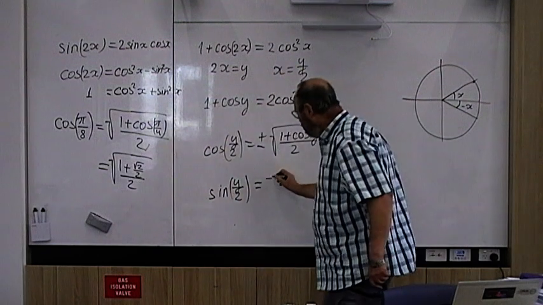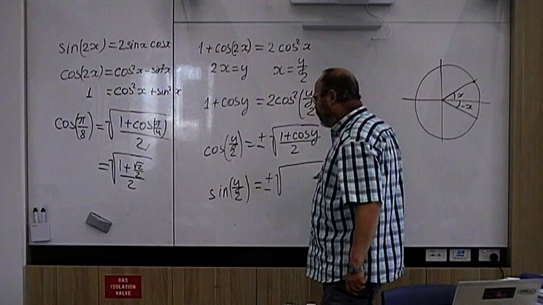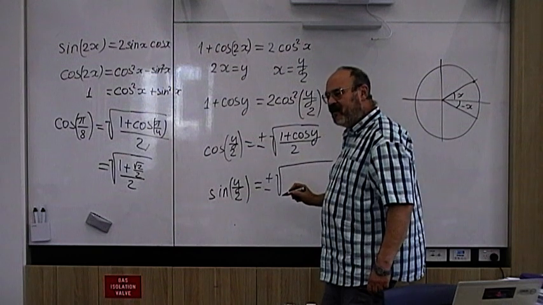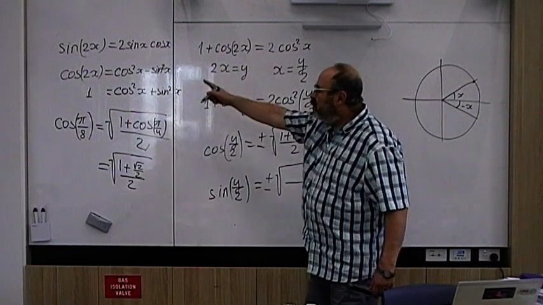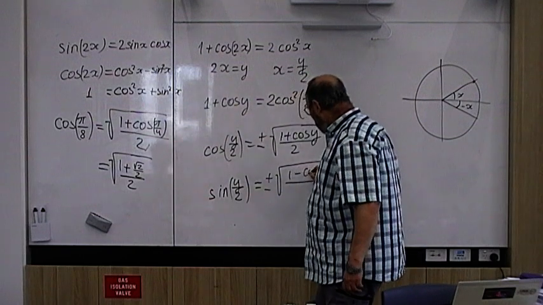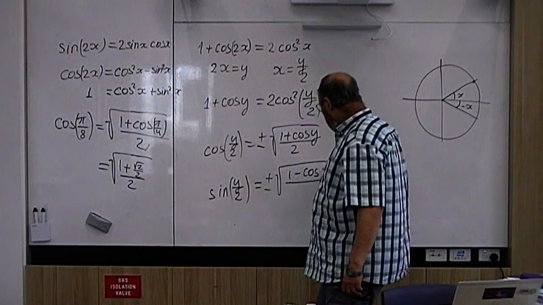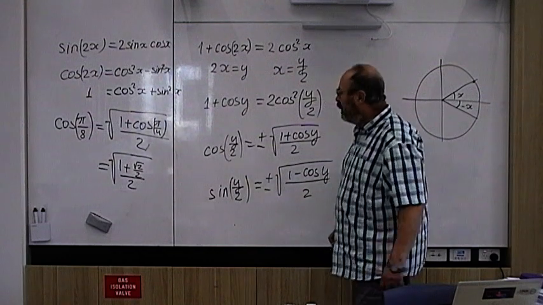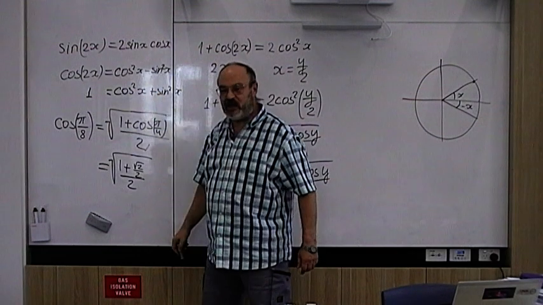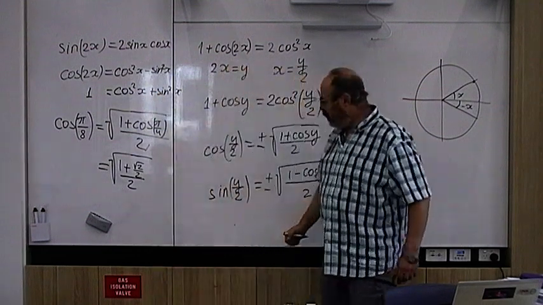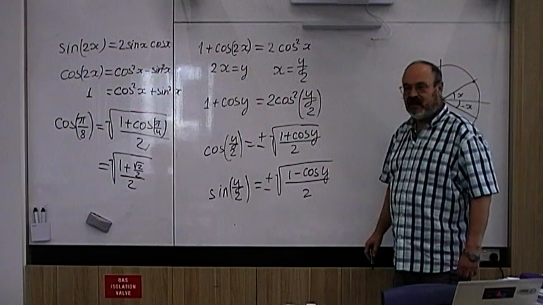Plus or minus the square root of 1 minus cos y over 2. If you subtract, then cos will cancel out and we'll get 2 sine squared, from which we can get this.